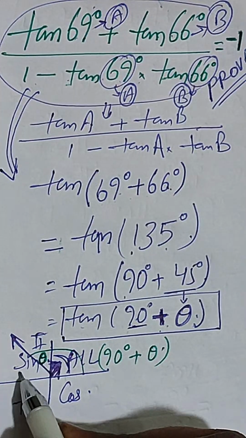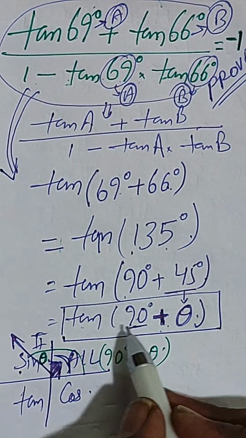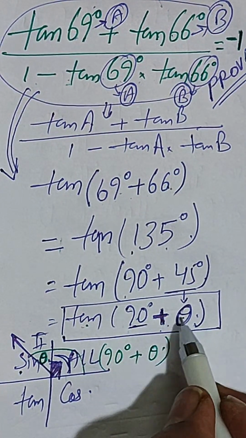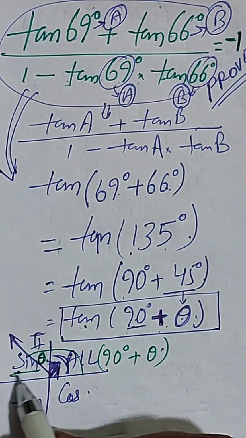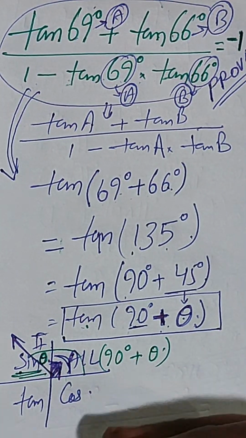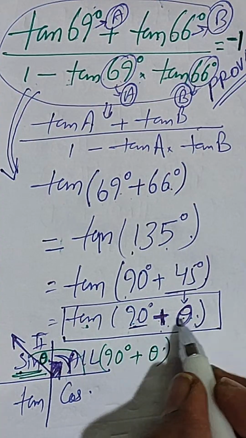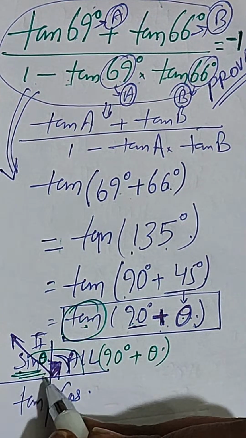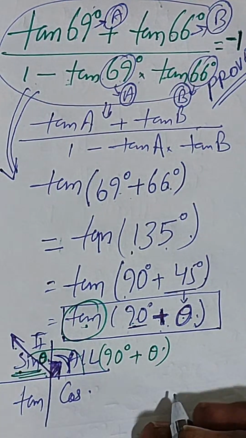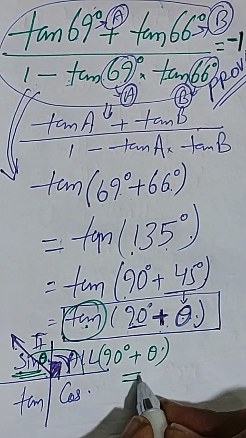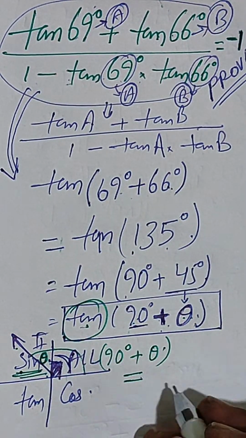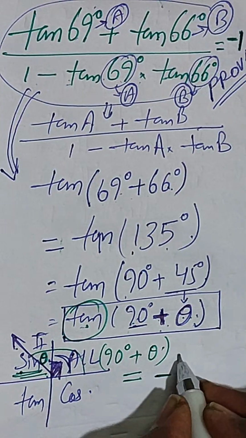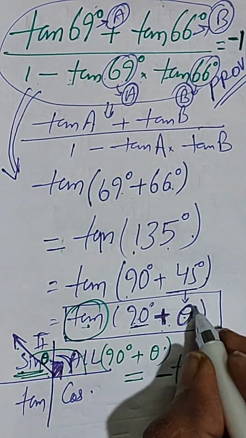But here in the second quadrant, tan is never positive, only sine is positive. So for tan in the second quadrant, the value will be negative. This will give you tan(90 + theta) equal to minus tan of theta.